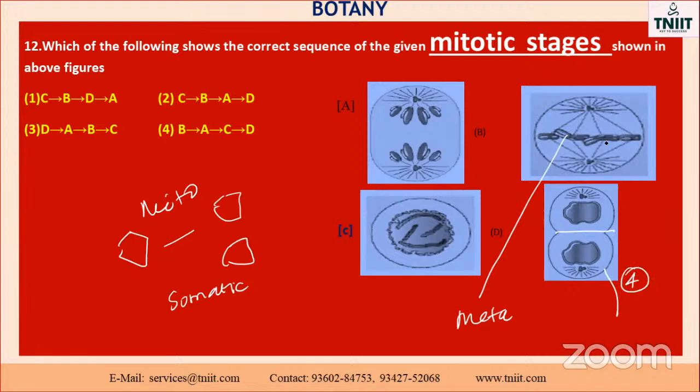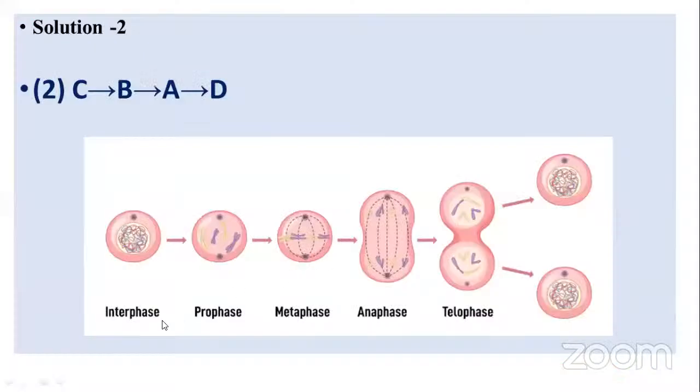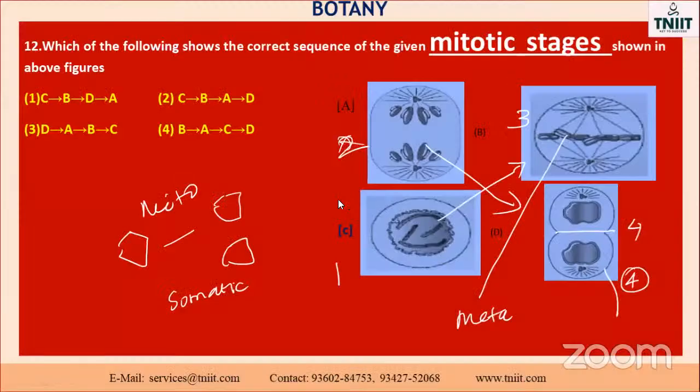So in this category, before this formation, what happened? Before this, which one will happen? First one, second one, third one, and this is the fourth one. So which is the correct answer? Sorry, here the answer is wrong. See the options: C, B, A, D is the correct answer.